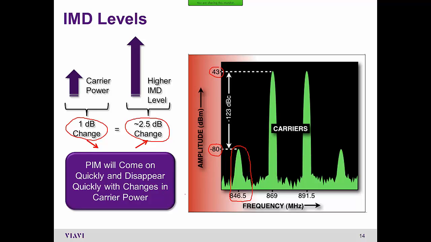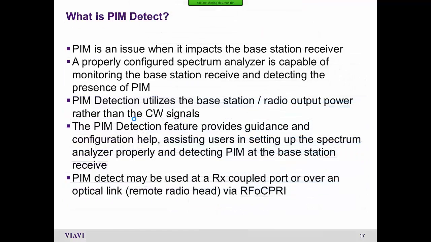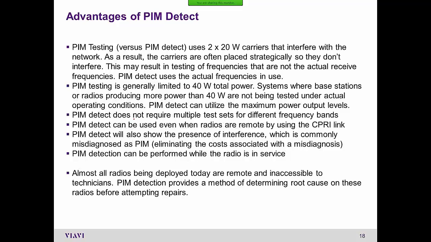So small changes above 40 watts can produce PIM that now impacts your receive that you can't see with a PIM tester. If you're transmitting 50 watts or much higher power levels, you're going to produce PIM on your receive that you can't see with a PIM tester. So using the maximum power of your base station is important if you're trying to detect PIM under actual conditions.